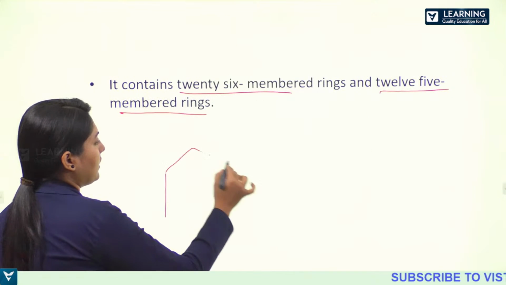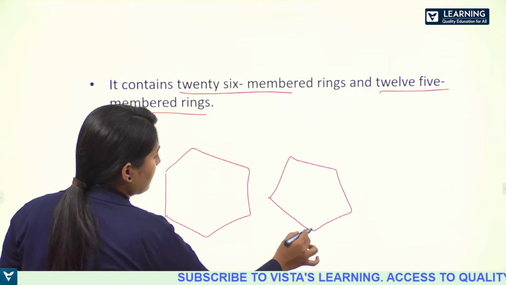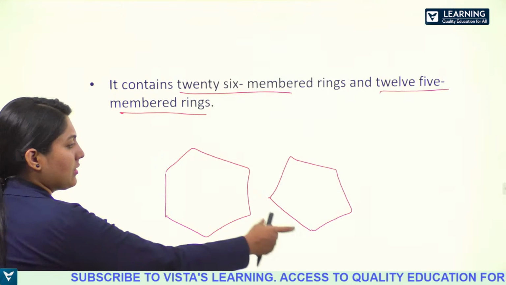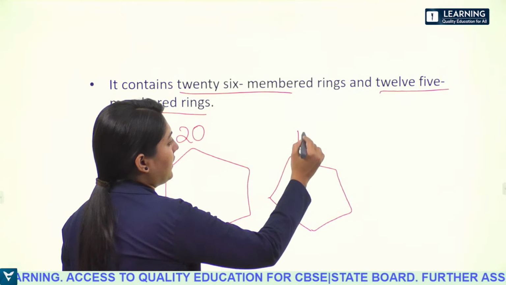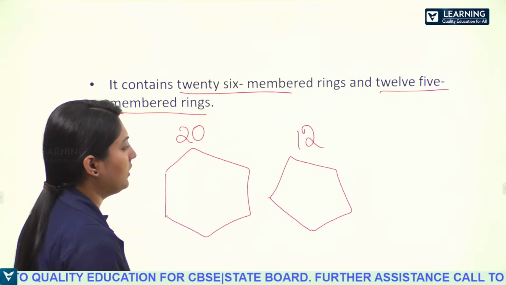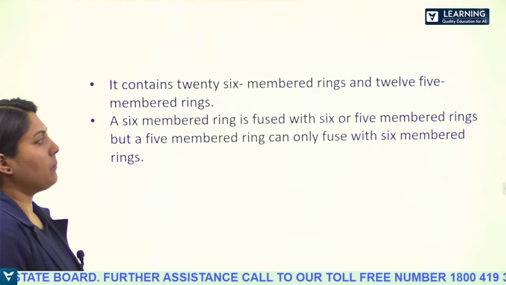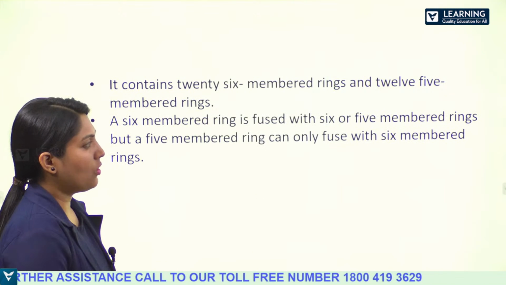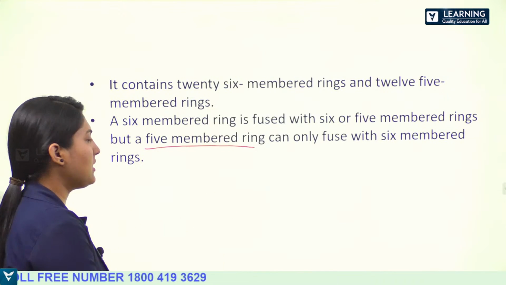As we know, hexagonal and pentagonal structures will be there, so these will be 20 hexagonal structures and 12 pentagonal structures present in the fullerene. A 6-membered ring is fused with 6- or 5-membered rings, but a 5-membered ring can be fused only with a 6-membered ring.